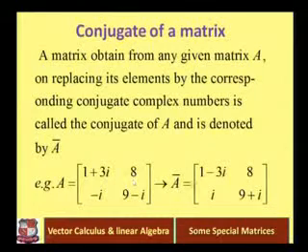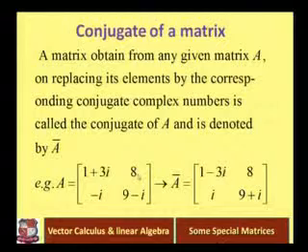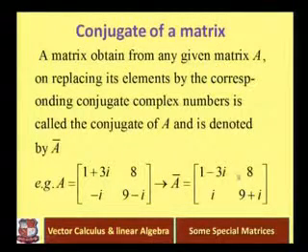The conjugate of 1 plus 3i is 1 minus 3i, because we change the sign of the imaginary part 3i to minus 3i. Here 8 is a purely real number, and the conjugate of a real number is the real number itself, as we know.